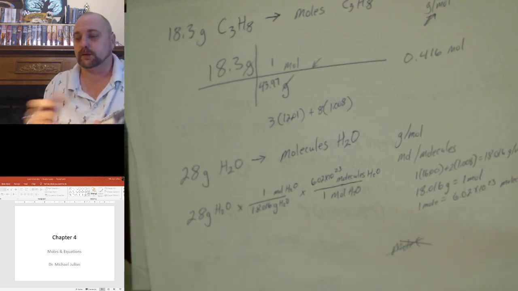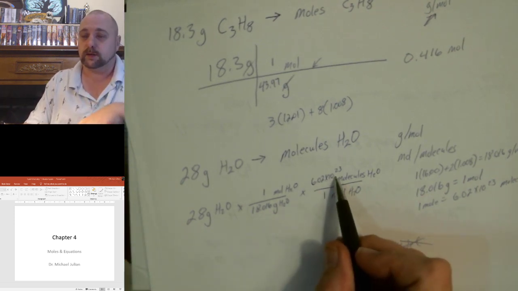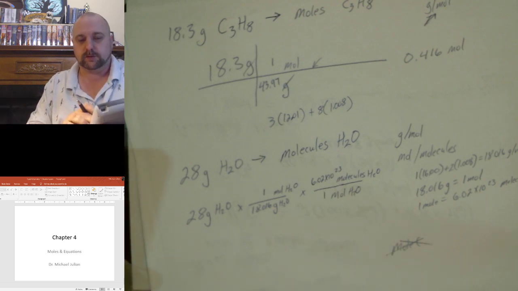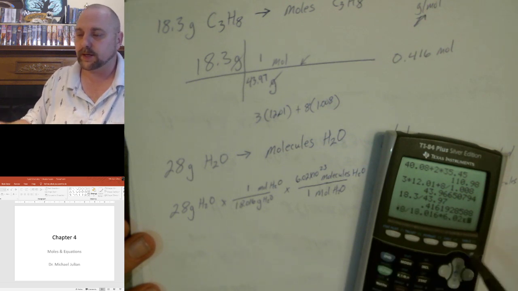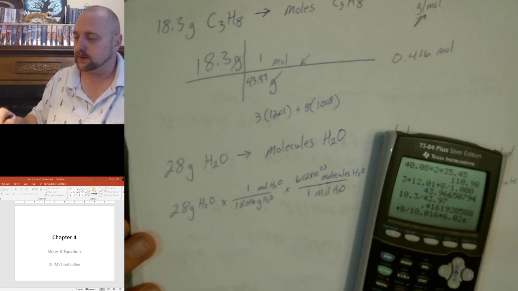When we get to type this in, we expect to get something really big because we've got this exponent. So 28 divided by 18.016, and then times 6.02, second EE. Remember, there's no times and there's no 10. That's all built into that E, 23.